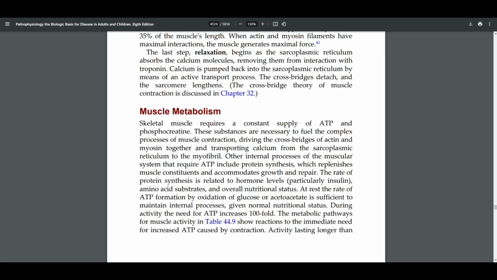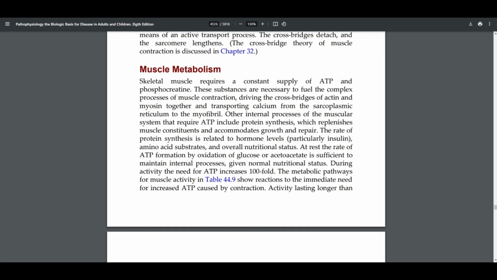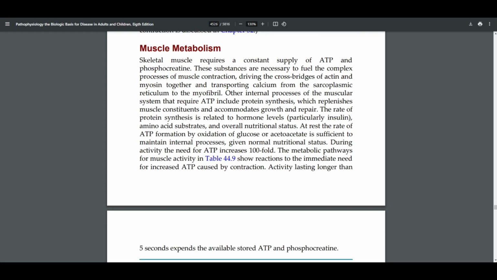So, muscle metabolism. Skeletal muscle requires a constant supply of ATP and phosphocreatine. These substances are necessary to fuel the complex processes of muscle contraction, driving the cross bridges of actin and myosin together and transporting calcium from the sarcoplasmic reticulum to the myofibril.